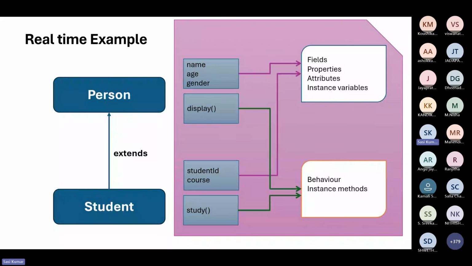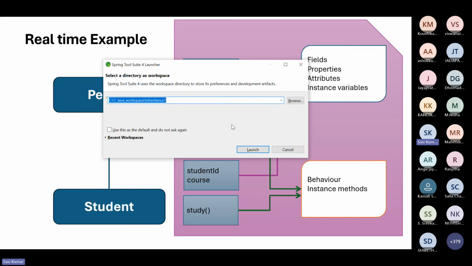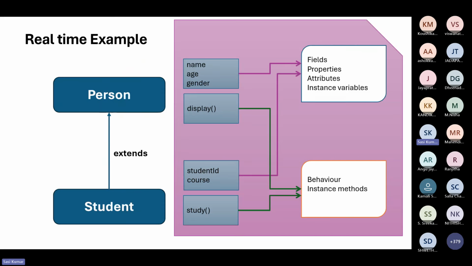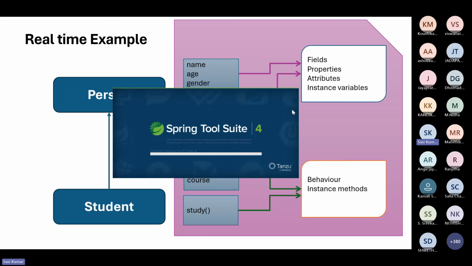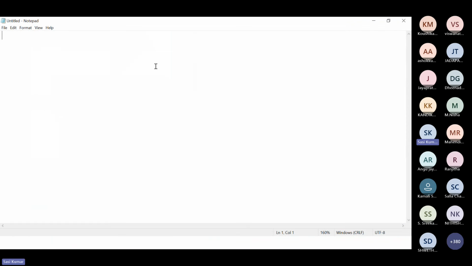Now, let's see the code base one by one. There are many editors in the industry. IDE, you can say integrated development environment. Let me take some notes. We can develop the Java application using various ways.